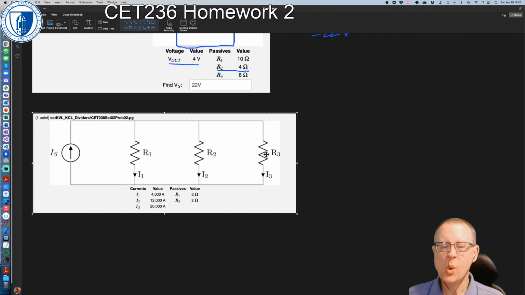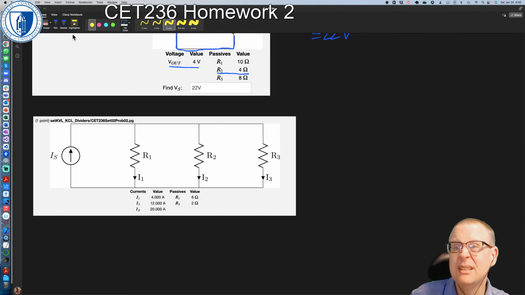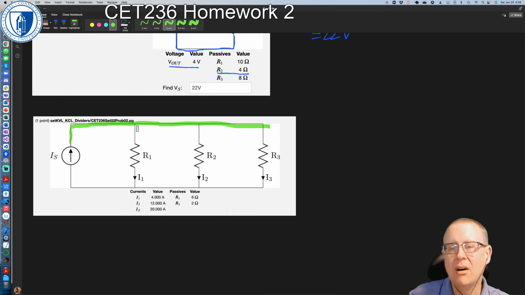So one thing we can figure out is this node up here, right? Let's go with a green color. This node up here has IS flowing into it and I1 and I2 and I3 flowing out.